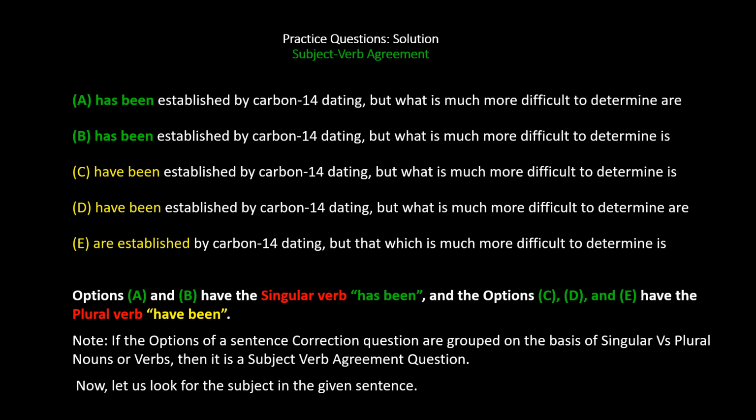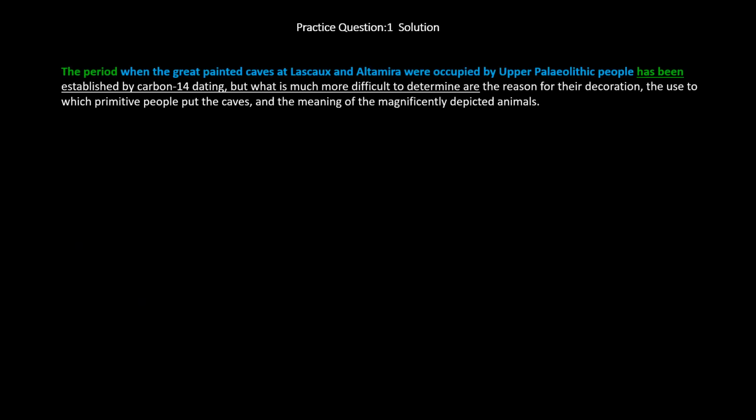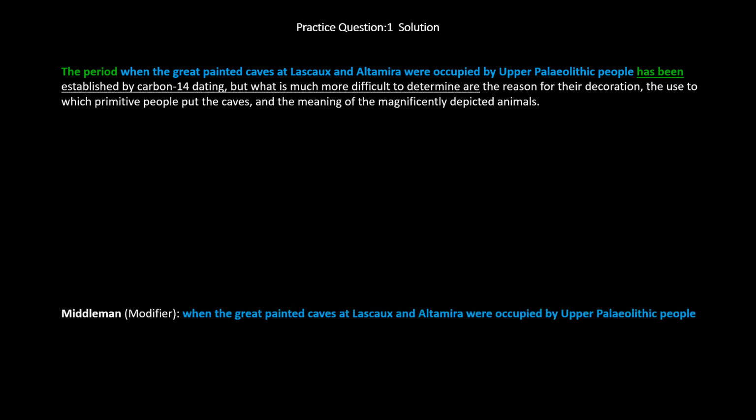In this sentence, the middleman or the modifier is when the great painted caves at Lascaux and Altamira were occupied by Upper Paleolithic period. So I eliminate the middleman. That is, it is a relative clause.